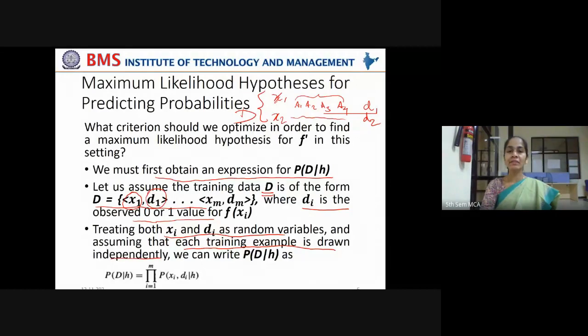What do we mean by this? Each training example is drawn independently means you are drawing one training example, and the selection of this training example doesn't affect the selection of the next training example. That is called independent drawing of the training example.